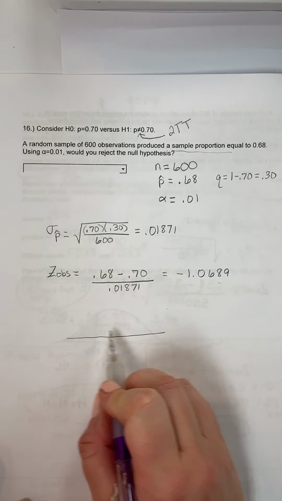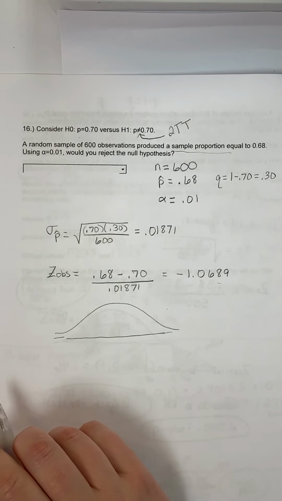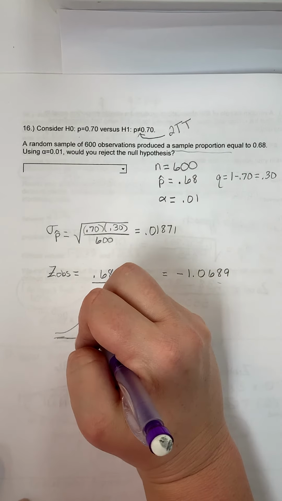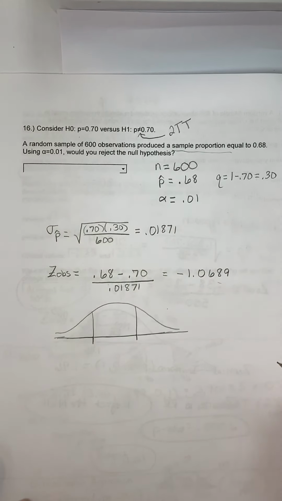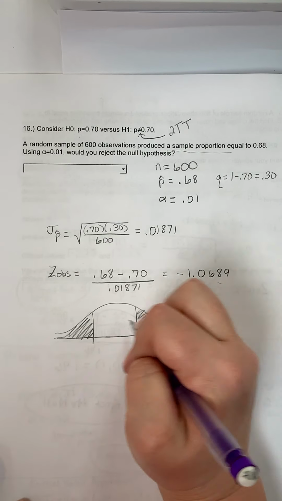Okay, I'm going to do the critical value approach here, but again, you can do p-value if you'd rather, and both of them are in my notes. All right, we have a two-tailed test. We're going to have two critical values, a positive and a negative, with two rejection regions.